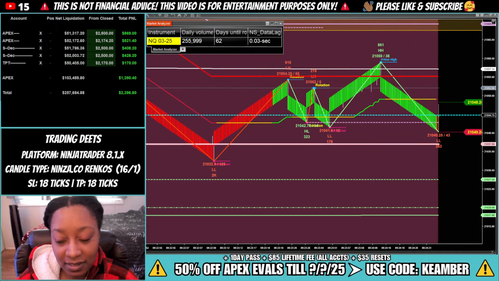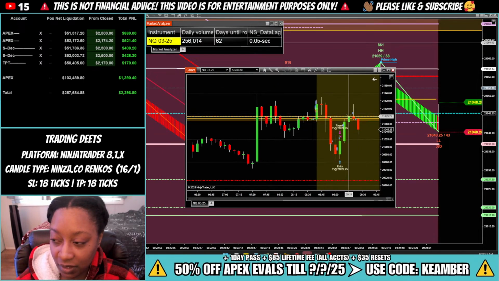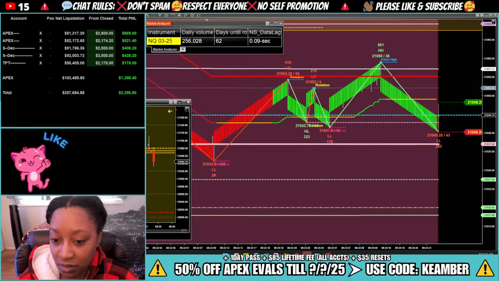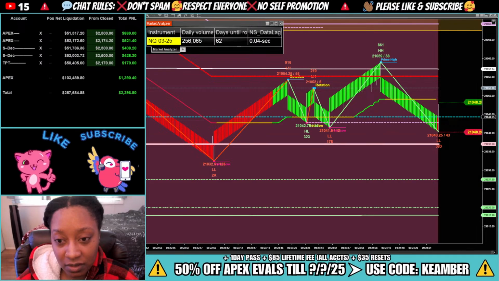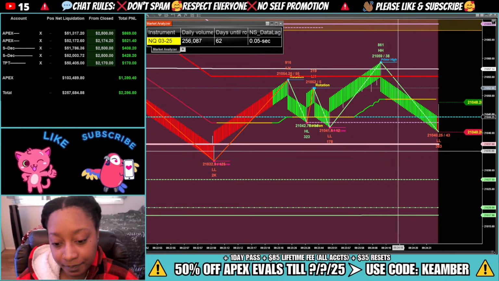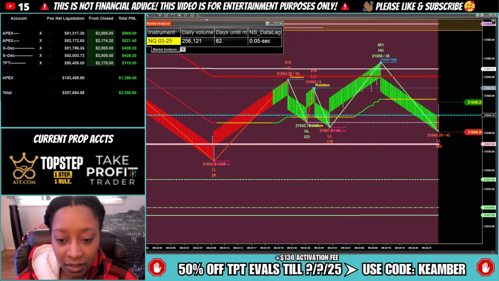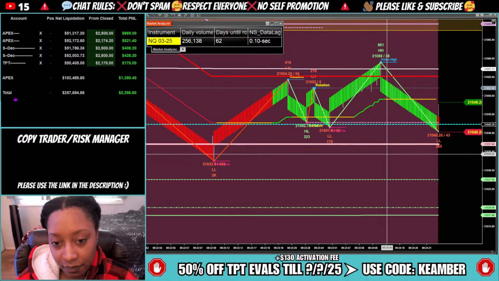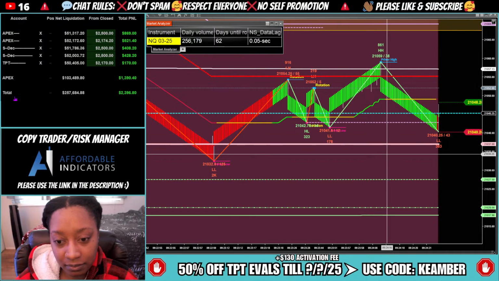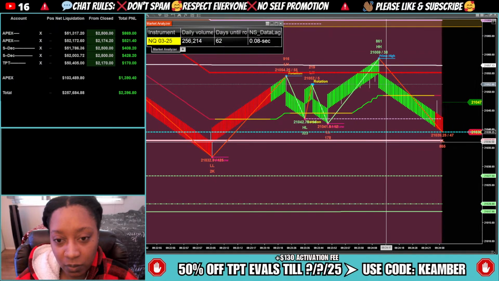All right, it does look like that's going to be a lower high. So let's see how well we continue this downtrend. I want to see us trade below this major resistance level right here and continue to be below the middle VWAP up there as well.